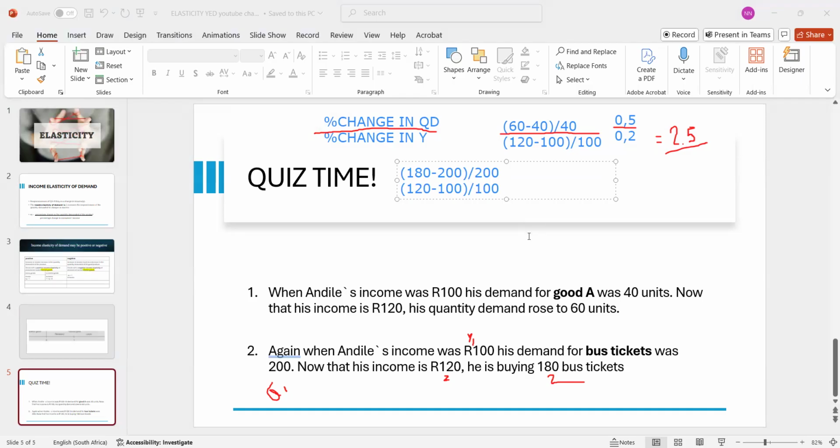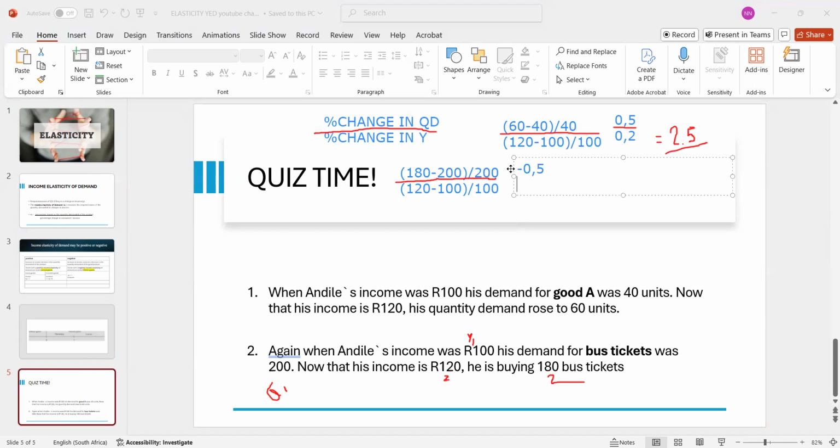I'm going to start with the numerator because if I just punch it all in the calculator, I don't get the correct answer. So 180 minus 200 divided by 200, I'm getting negative 0.5. So the numerator is negative 0.5 divided by your change in income, 120 minus 100 divided by 100.